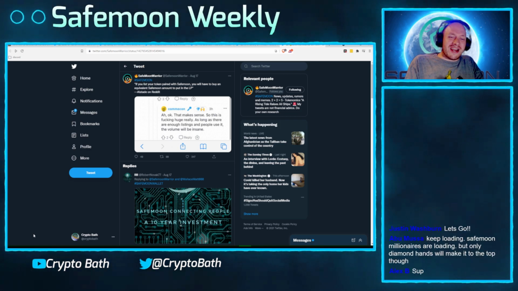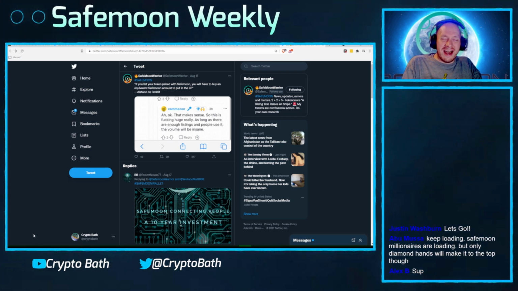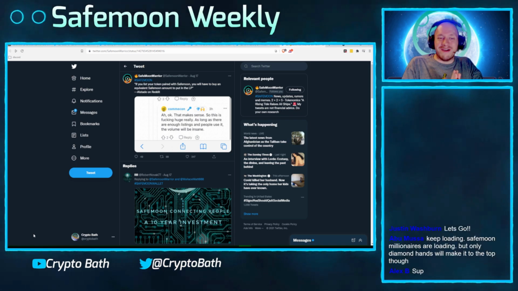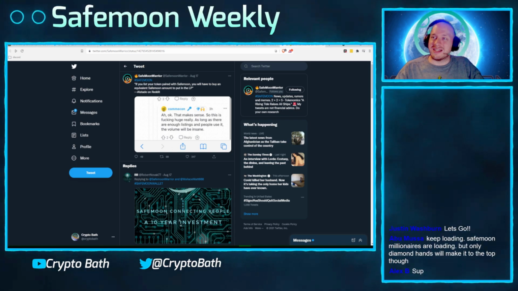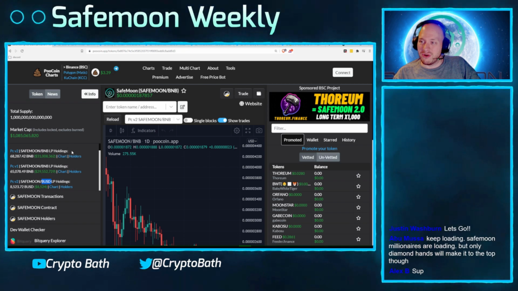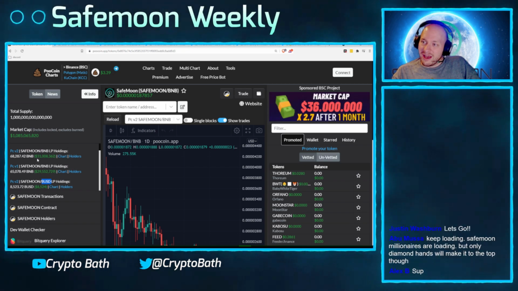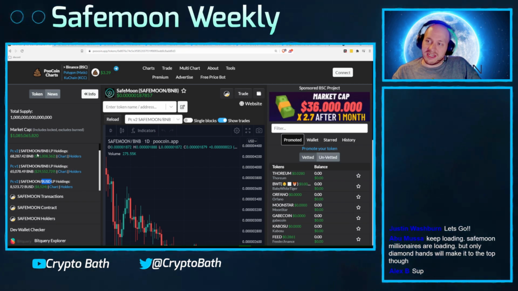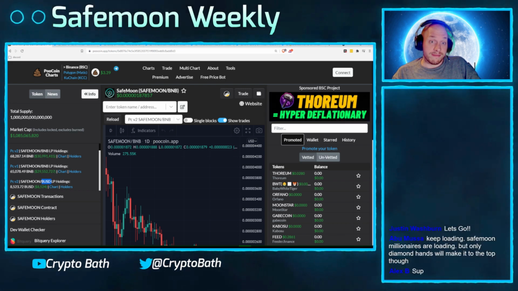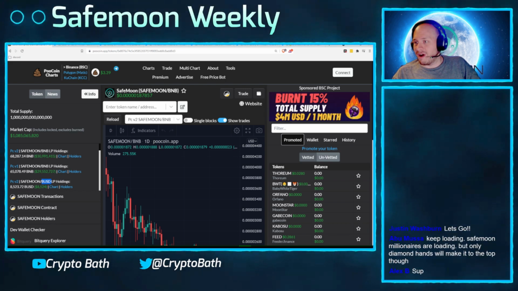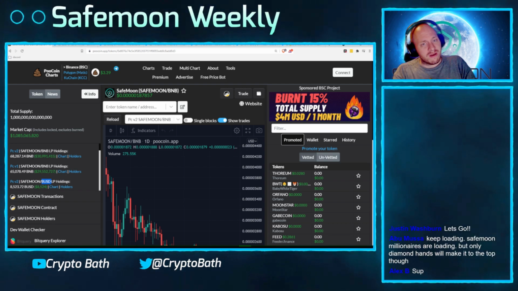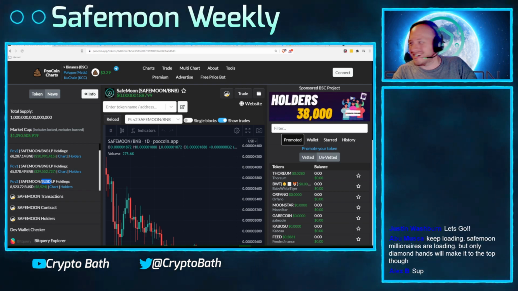25 tokens right out of the gate. I'm not sure if they are going to have a minimum requirement for the amount that is going to be listed. If we check SafeMoon's liquidity pools here, you can see SafeMoon's pushing about 60 million worth of liquidity in BNB. So fairly significant.